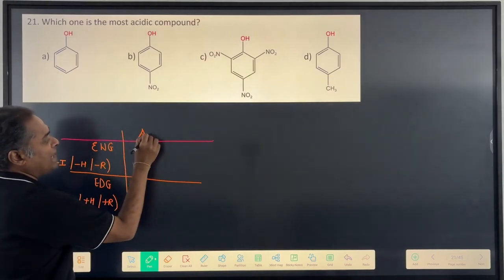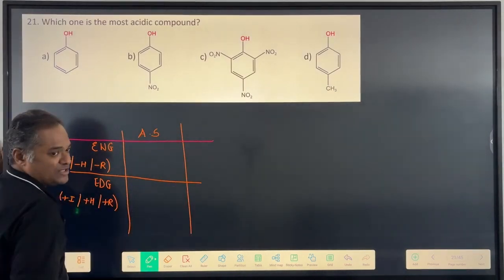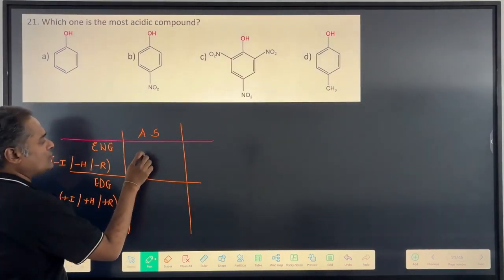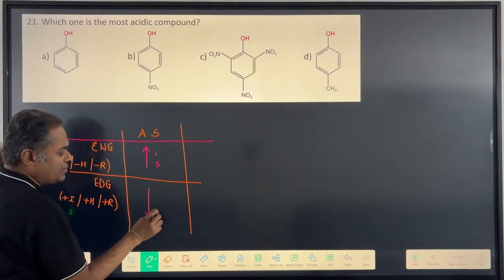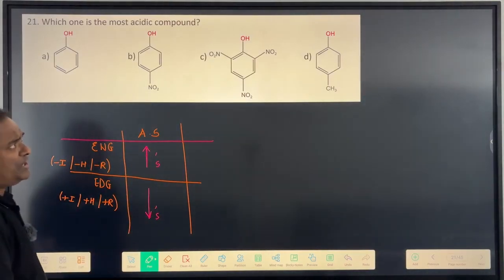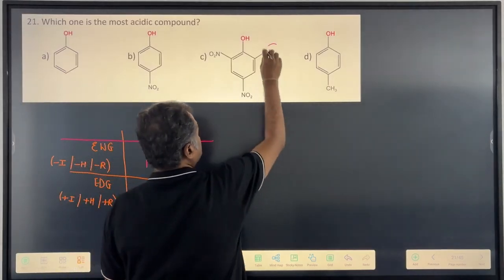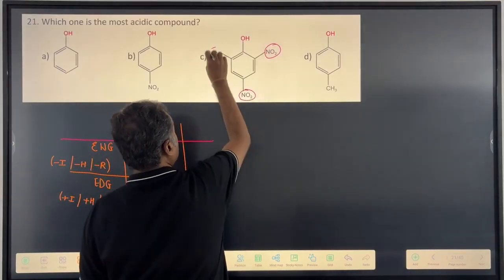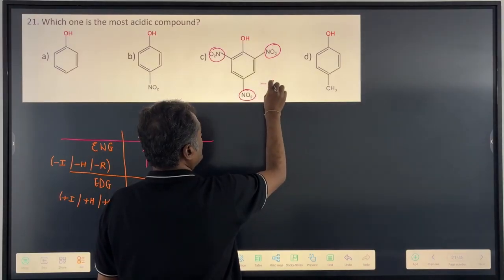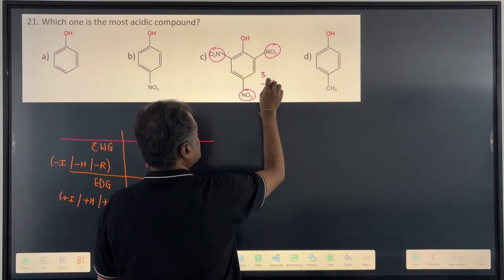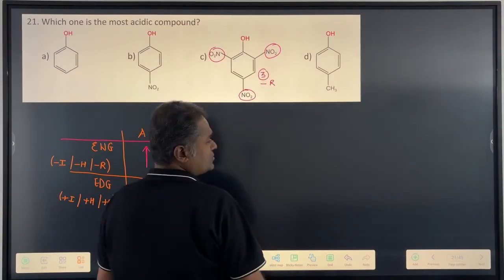Now, which group has a tendency to increase the acidic strength? Of course, electron withdrawing group increases the acidic strength and donating group decreases the acidic strength. Now, if you check over here, in this compound, child, you have got 3 minus R groups.